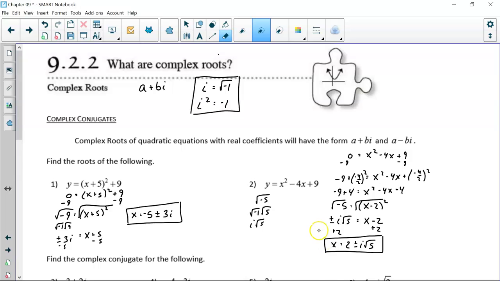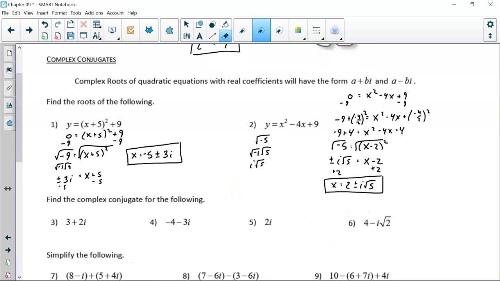Now, we've talked about conjugates before. And conjugates are in that form of a plus b, a minus b. Complex conjugates are just in that form of a plus bi, a minus bi. So to get our complex conjugate, all we're doing is just changing the sign in between. So the complex conjugate would be 3 minus 2i.